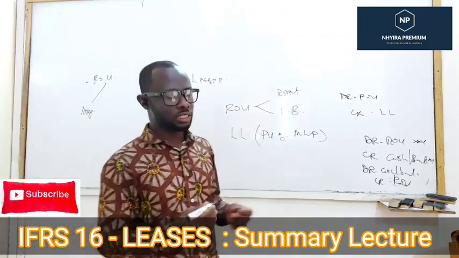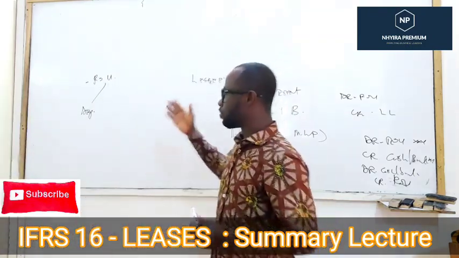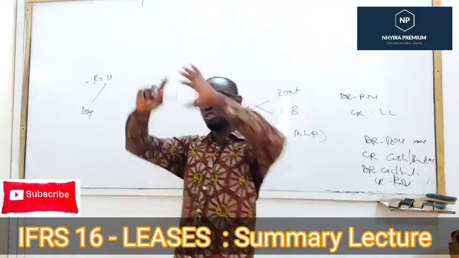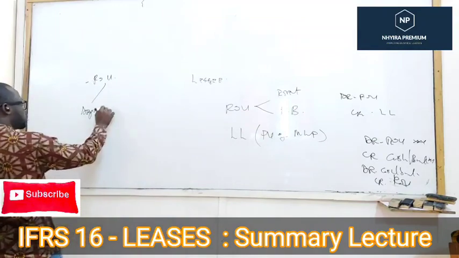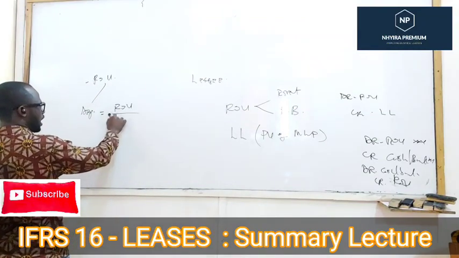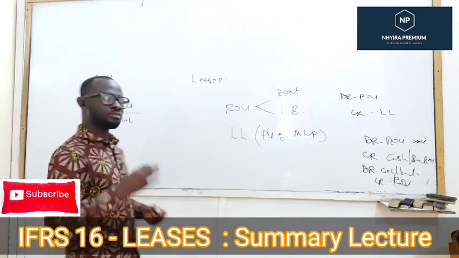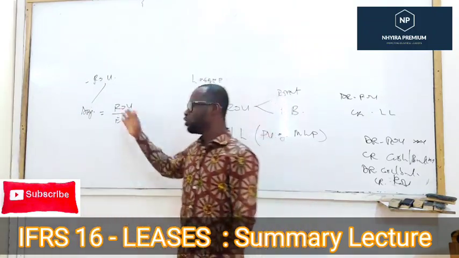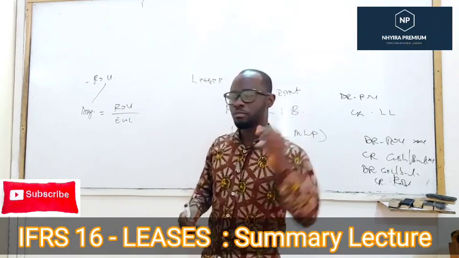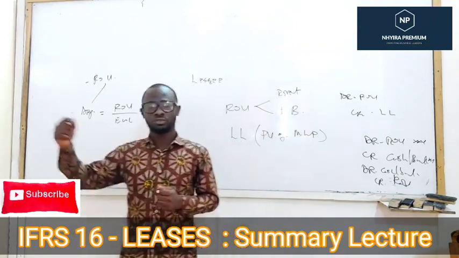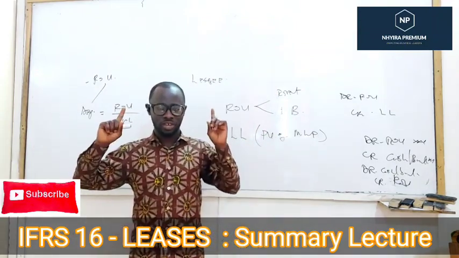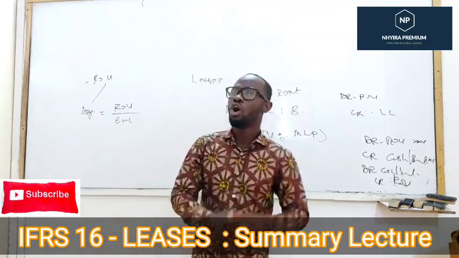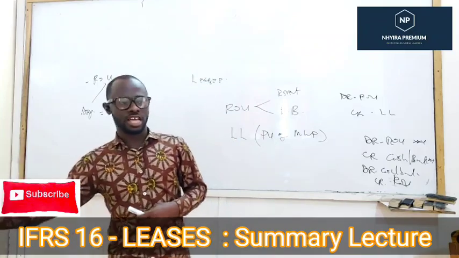So your depreciation is going to be the right of use over the economic life of the asset. But the question we ask ourselves is, what economic life do we use? Listen carefully. Do we use the lease term or do we use the economic useful life of the assets?